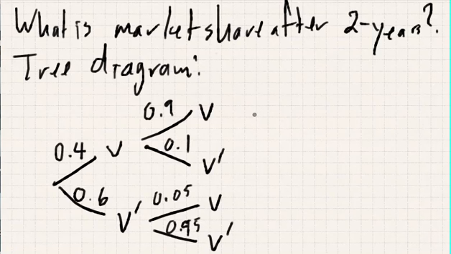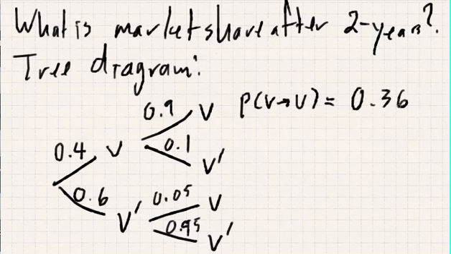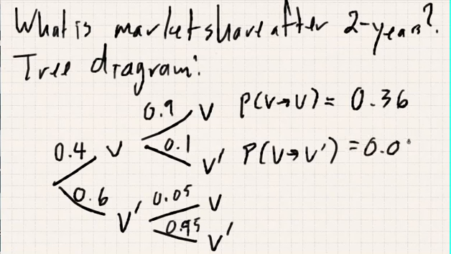So at the end of the day, what this means is, we know that the probability that you started with Verizon and stayed with Verizon is 0.4 times 0.9, which is 0.36. The probability that you were with Verizon and ended not with Verizon, you multiply these probabilities and you get 0.04.